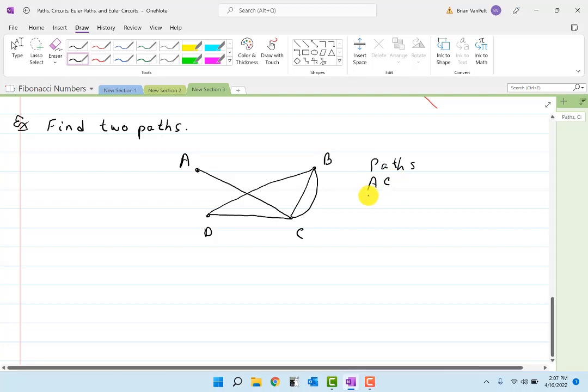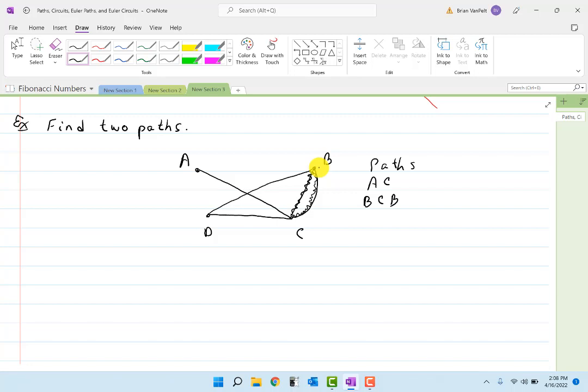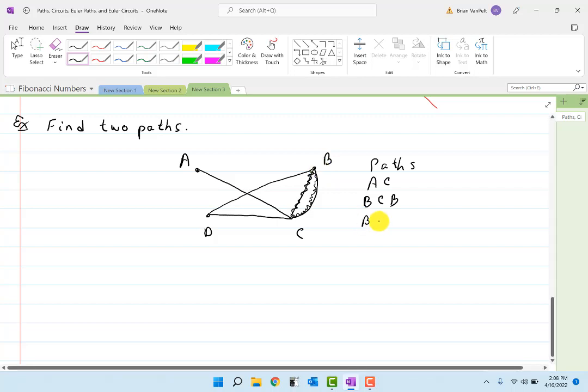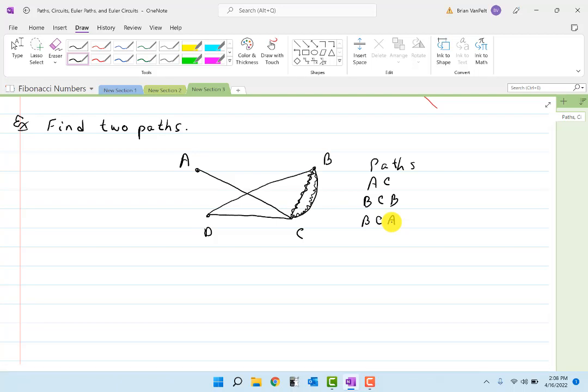Now here, check this out. You can go B to C back to B, because if you do that, you don't have to use the same edge. You can use a different edge coming back. So that's perfectly fine. But other paths, you can go ahead and play around with these things. Probably B, C, A. Notice that any path that includes A somewhere that's not the beginning has got to end there.